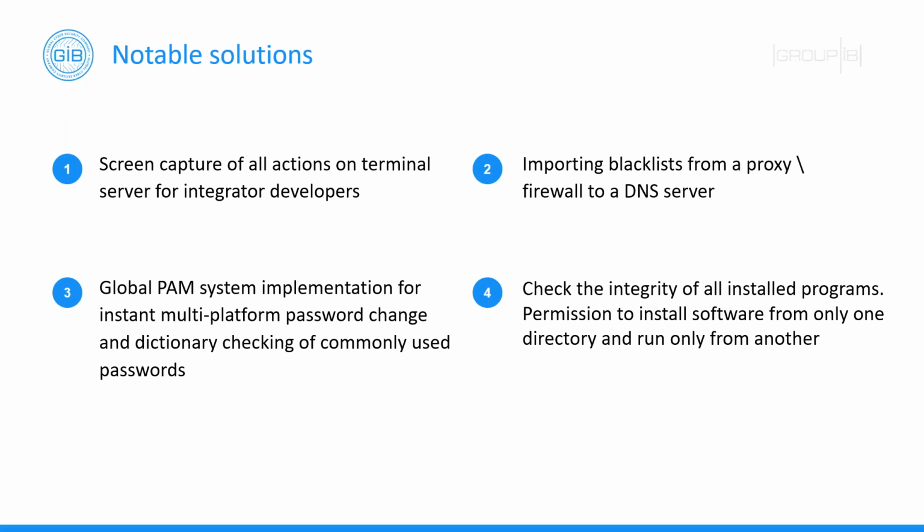So the next cool solution is importing blacklists from your proxy to DNS. What do I mean? I think you know that a lot of companies have blacklists on their proxy, and there are a lot of built-in blacklists in IDS and firewall solutions, and they stop some internet traffic.